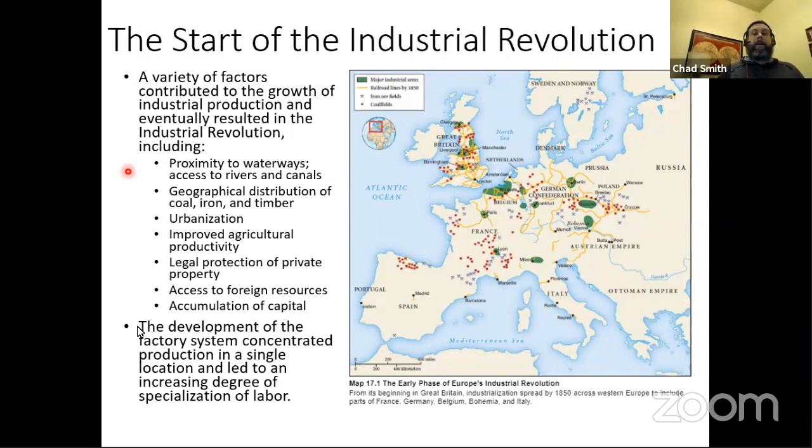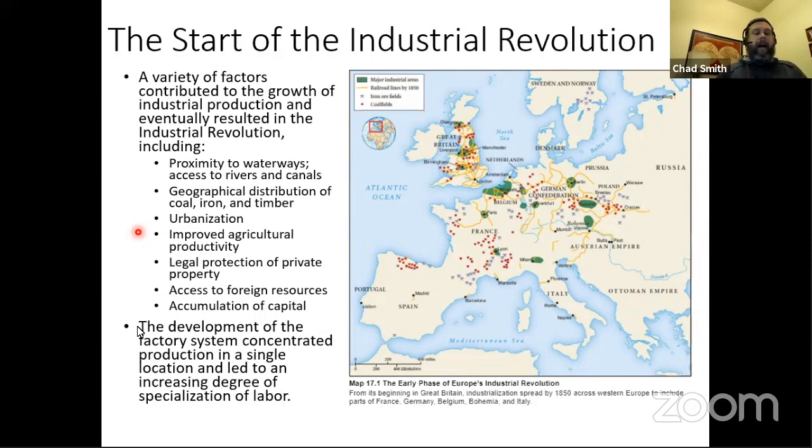The massive amounts of improved agricultural productivity that took place in the early 1700s as a result of new technology, as a result of crops and goods from the Columbian Exchange, as a result of new legal practices, like down here, it says access to private property. All of those things helped increase agricultural productivity. And as we've mentioned before, and might even mention again, more food always means more people.